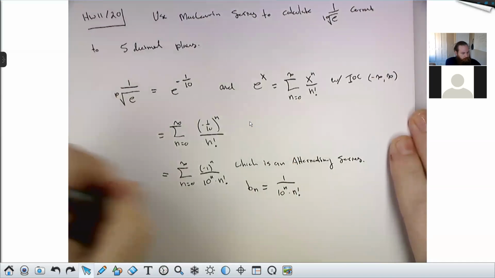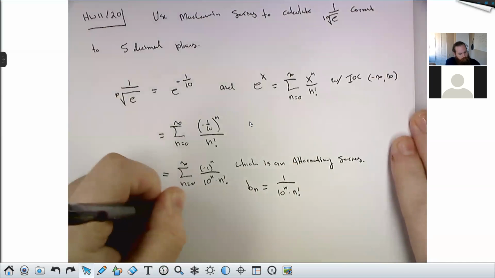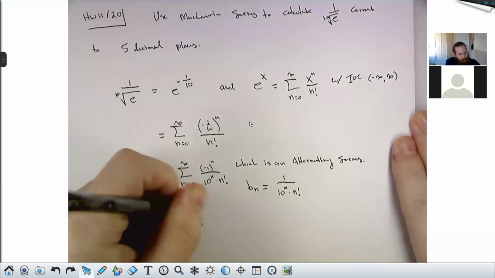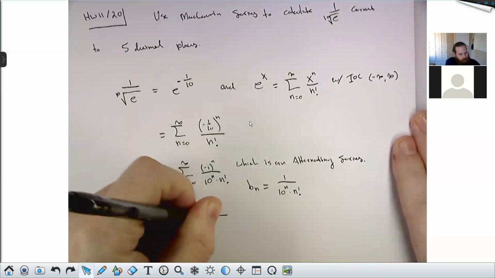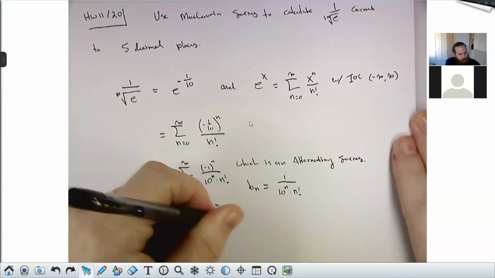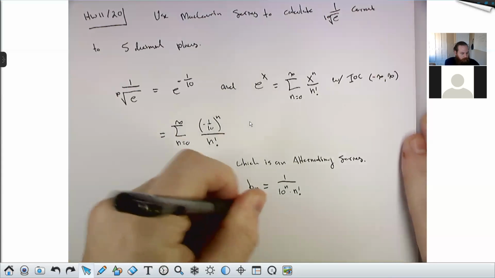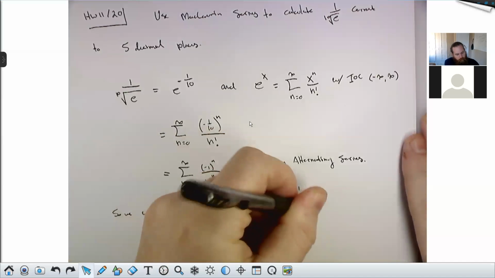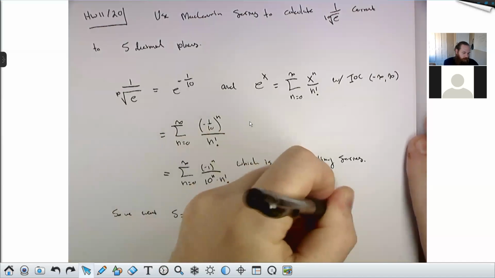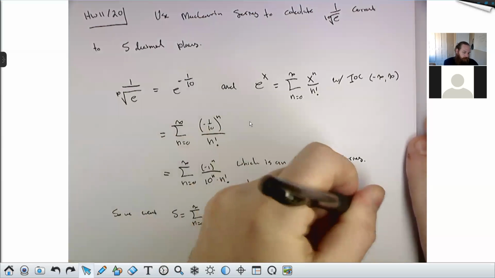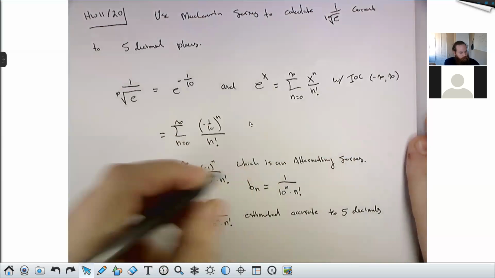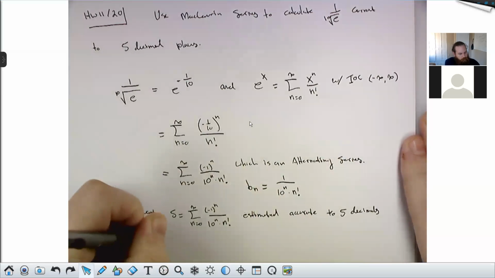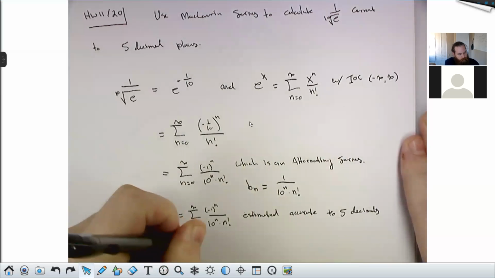So we want s, which is sigma n from 0 to infinity, negative 1 to the n over 10 to the n times n factorial, estimated accurate to 5 decimals, i.e., we want the error less than 0.0.